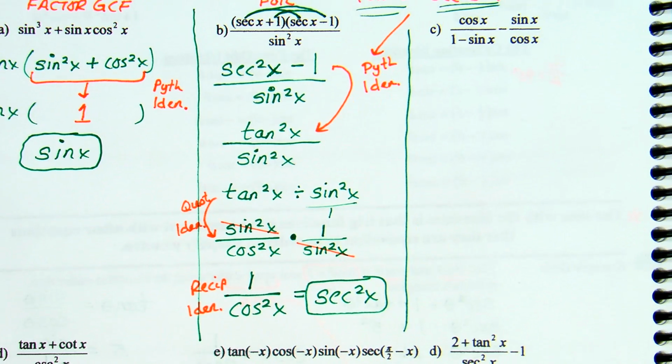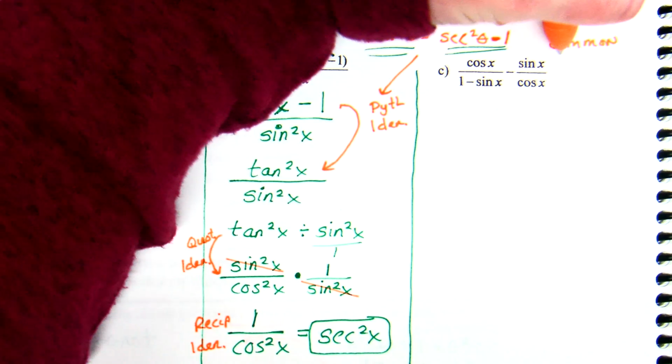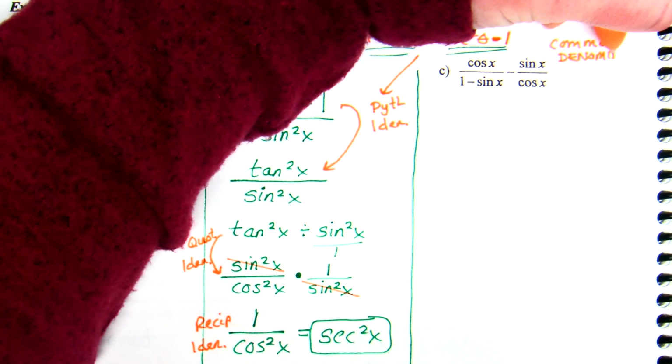Two fractions being added or subtracted. Likely to try a common denominator. Okay? So, let me see here. First of all, I'm going to write common denominator here.